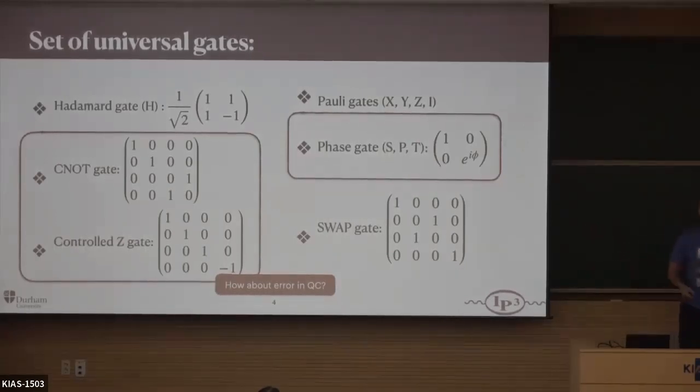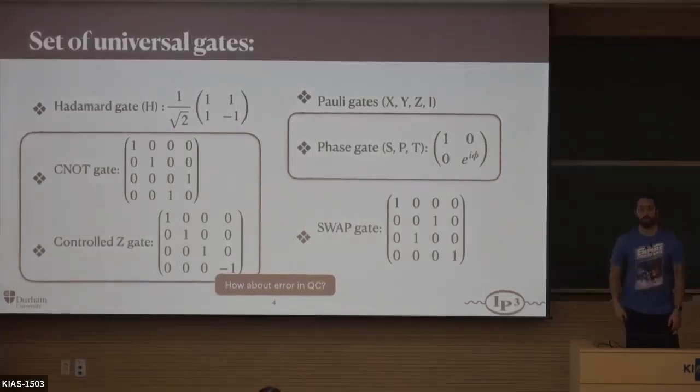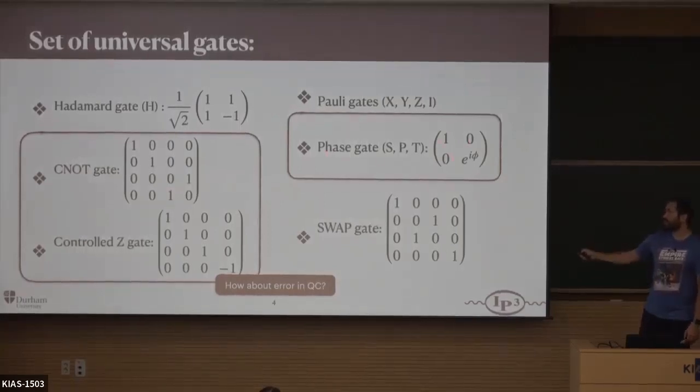Whenever we talk about error in quantum computers, generally people are talking about how many CNOT gates they implemented in their circuits, because most of the error is coming from the CNOT gates. The problem is, it also depends on the phase gates, because depending on the precision that you require in your rotations, you might end up embedding too many phase gates to implement that particular rotation.